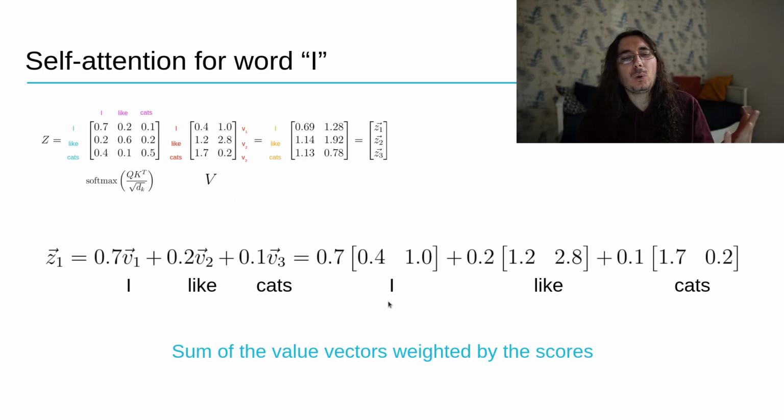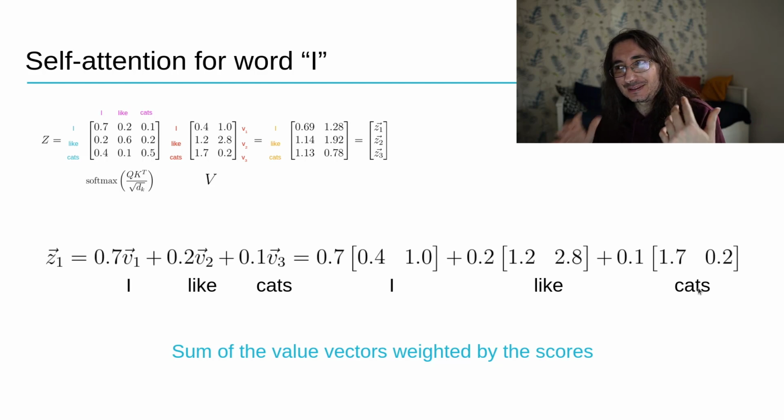What does this mean? Well, it means that, for example, in the attention for I, in this vector, 70% of the information comes from I. 20% of the information comes from like, and only 10% of the information that makes it into this attention vector for I comes from cats.